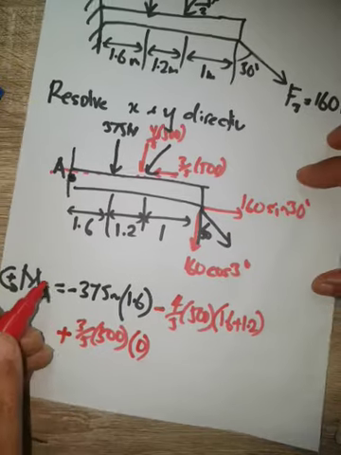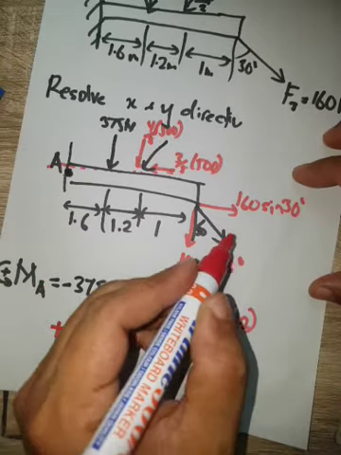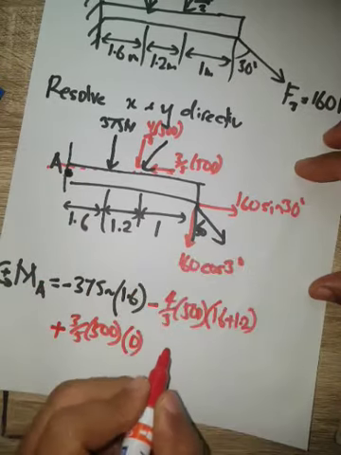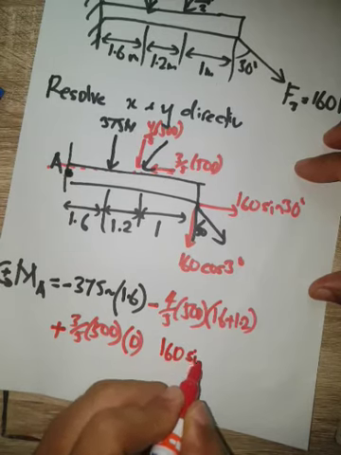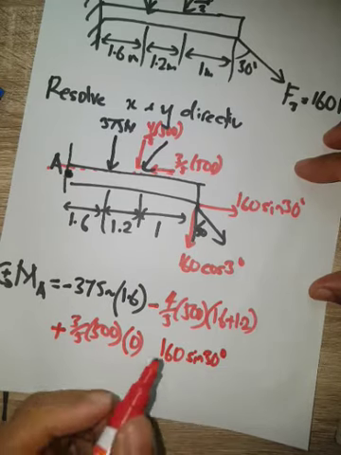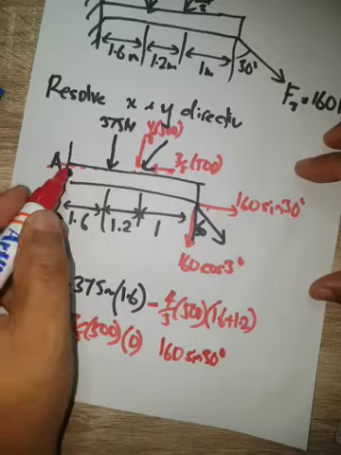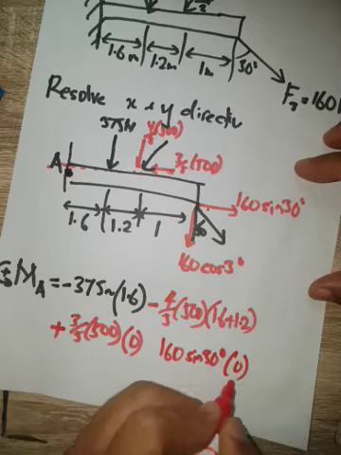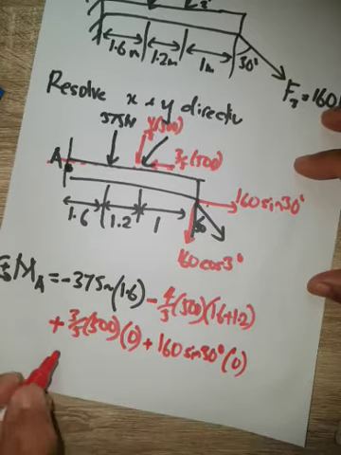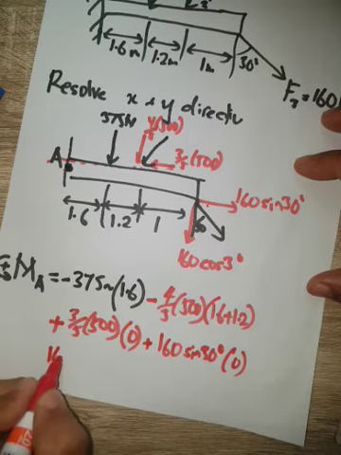Then the fourth force, 160 sine 30 degrees, again has a perpendicular distance of 0.